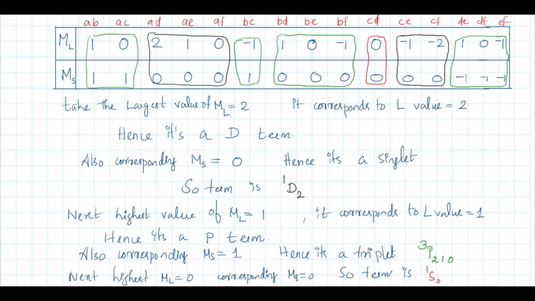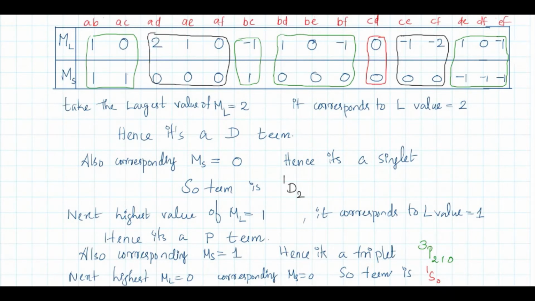In a similar manner, you can write these quantities for the 15 cases. Now, in this, take the largest value of capital ML. In these 15 values, what is the largest one? It is 2.